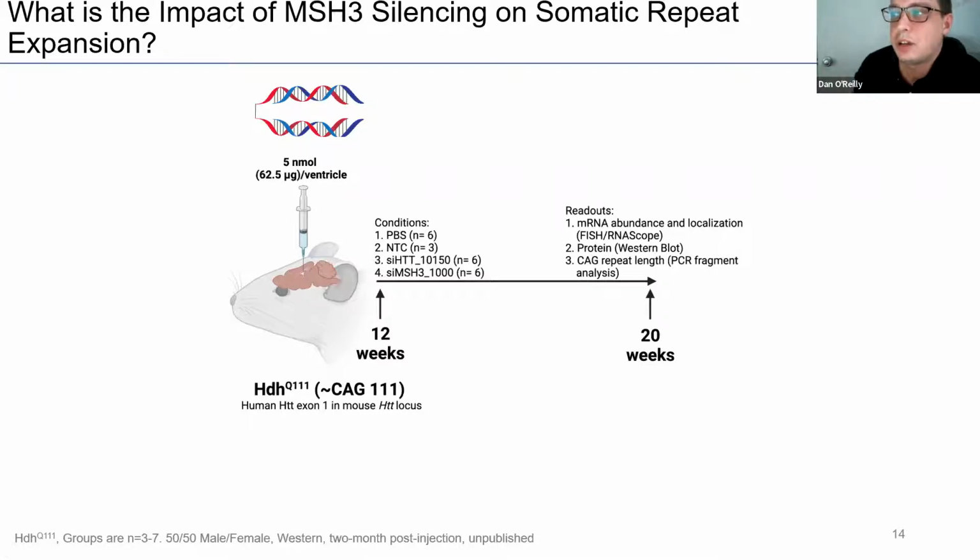We just confirmed that our injections work using this. Our readouts were mRNA abundance, protein levels using Western blot, and fragment analysis to show whether we can block expansion. We injected the mice at 12 weeks and then waited 2 months to take them down.